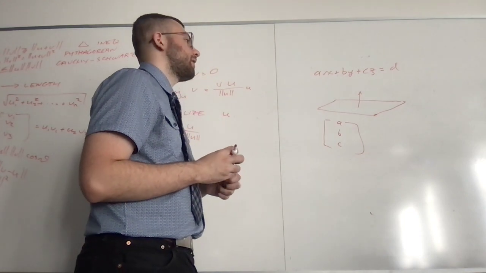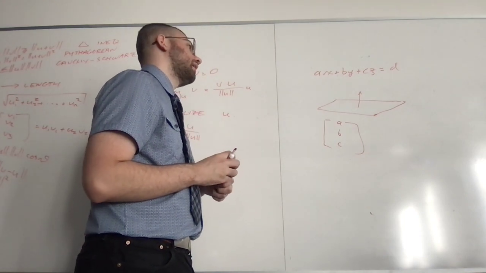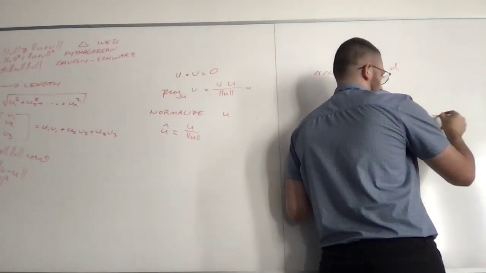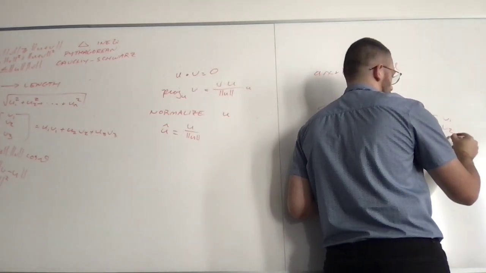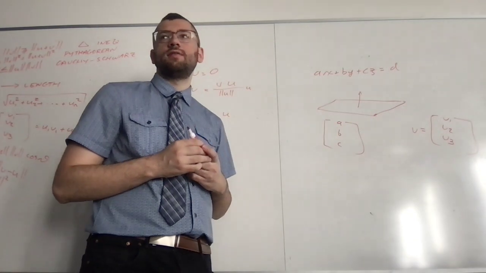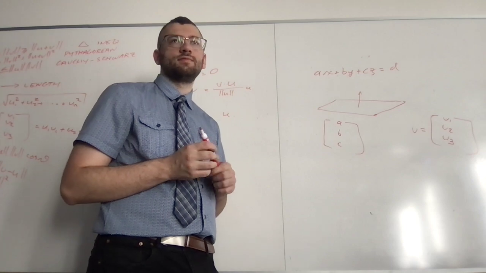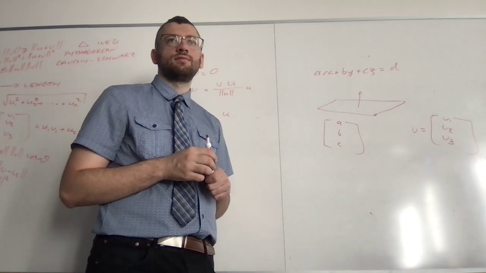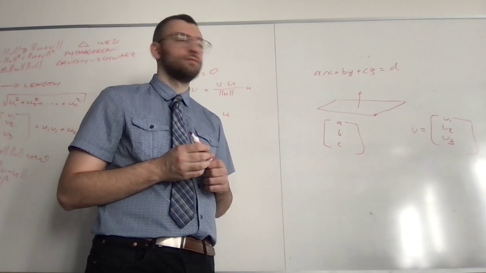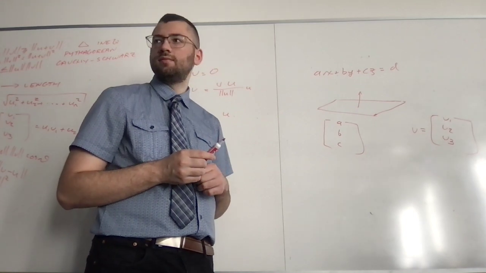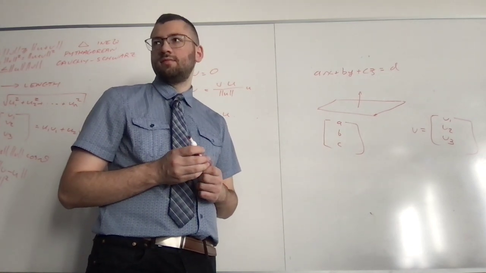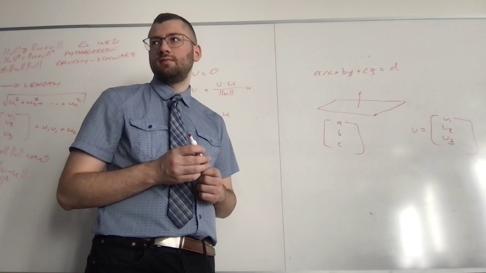Okay, so if I were to ask you, does some vector, say v1, v2, v3, lie on this plane, how would I do that? You do the dot product with A, B, and C. And if you get 0, that means it's perpendicular to the normal, so it lies on the plane.